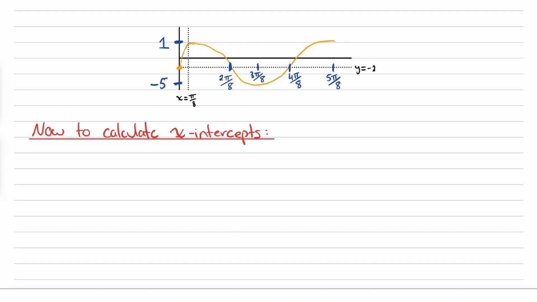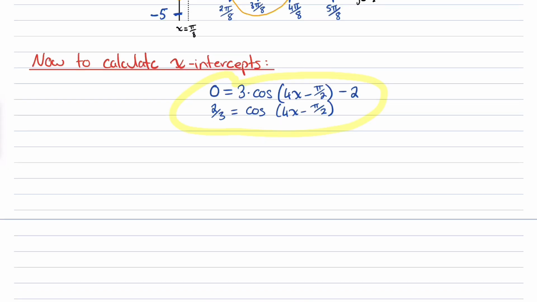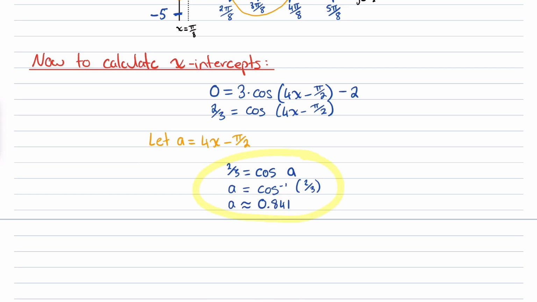Okay, let's talk about the x-intercepts. To calculate the x-intercepts, we're going to do a similar approach to what we did before. I've got to let y equal 0 and do some rearranging. Now what I'm going to do once again, now that I've got cos with something in the brackets, is let that whole thing in the bracket equal A. So now I'm going to just solve 2/3 equals cos A by moving cos over to the other side, making it inverse cos or arccos, and that gives me a value of approximately 0.841.